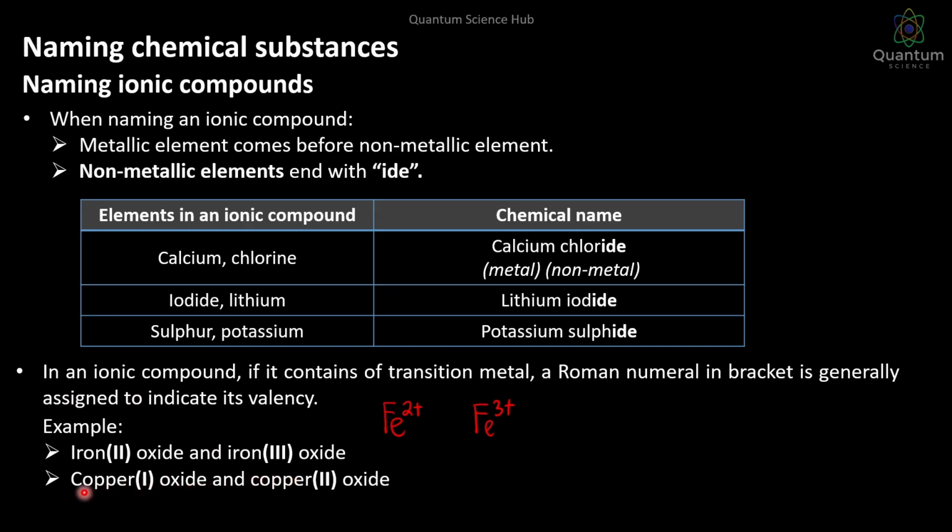If it's copper(I) oxide, then the ion is Cu+. And copper(II) oxide, the ion of copper 2 is Cu2+. Lead(II) oxide means it is Pb2+. And lead(IV) oxide means Pb4+.